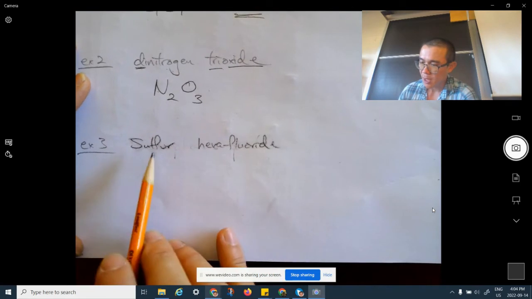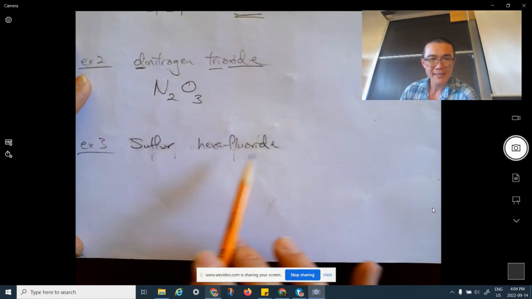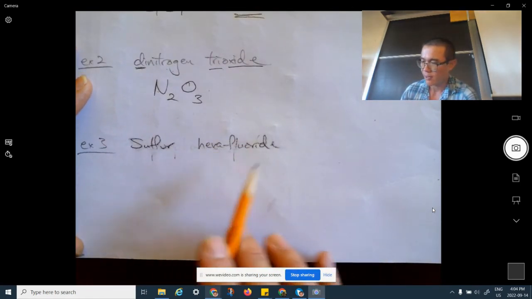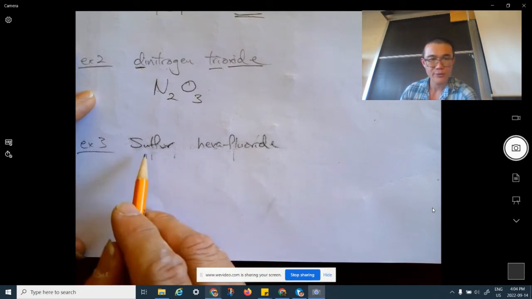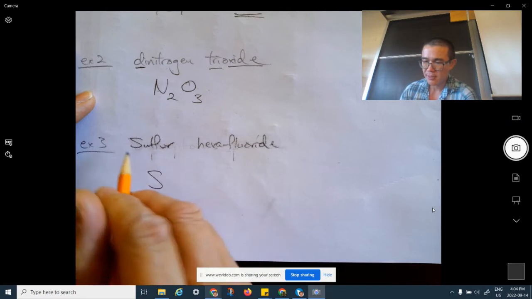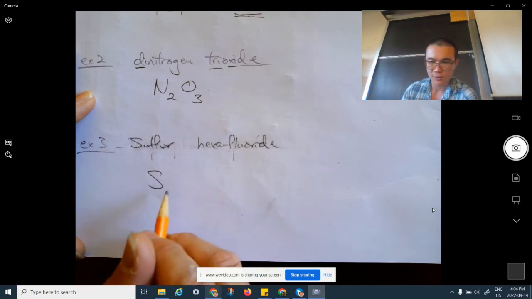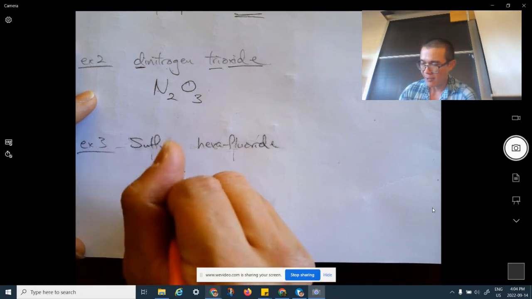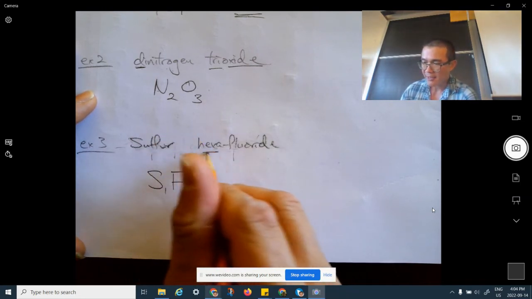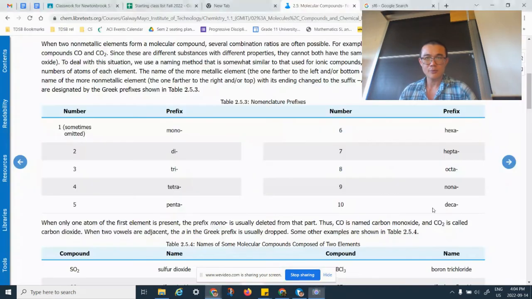Last but not least, sulfur hexafluoride. Sorry for the erasing, it looks a little iffy. So sulfur is S. Now there's no prefix in front, so you can assume it's a 1. Fluoride is capital F. And hexa, remember that other screen? It's 6.